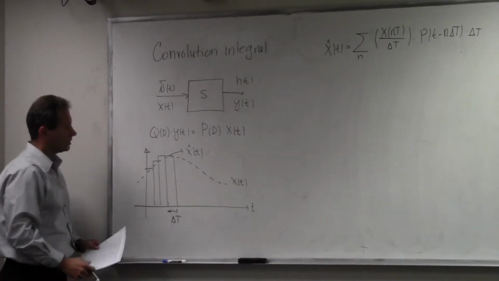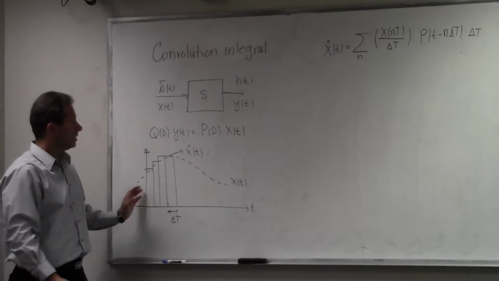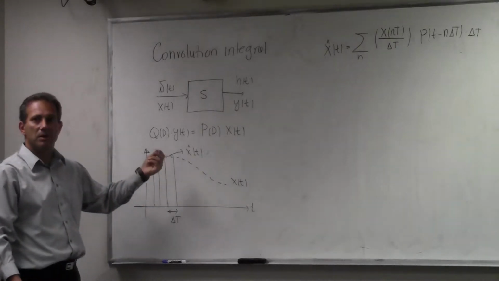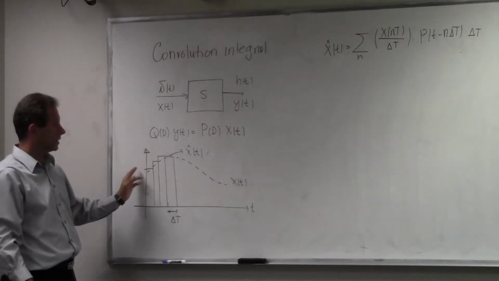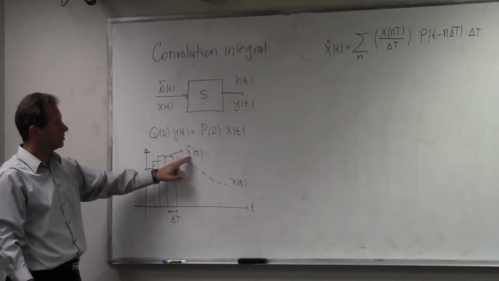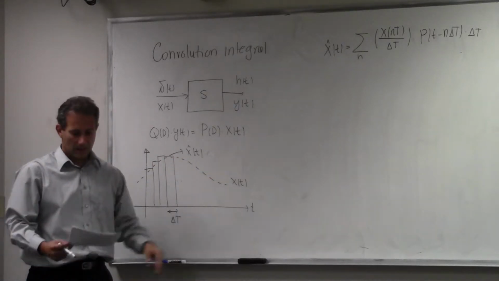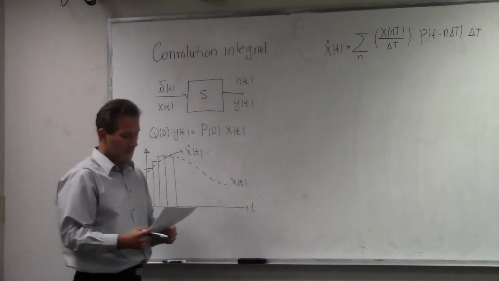It is clear that as delta t goes to 0, these pulses become narrower and narrower, and the difference between x hat of t and x of t becomes negligible.